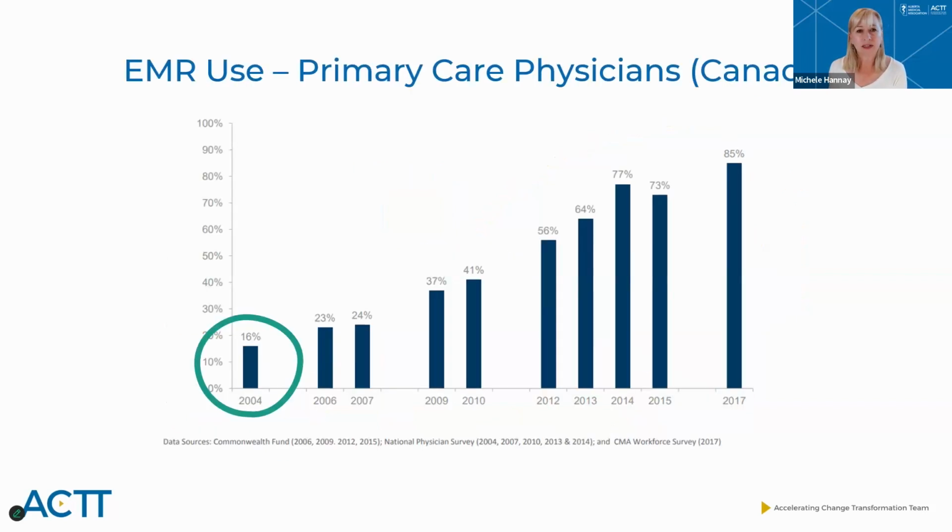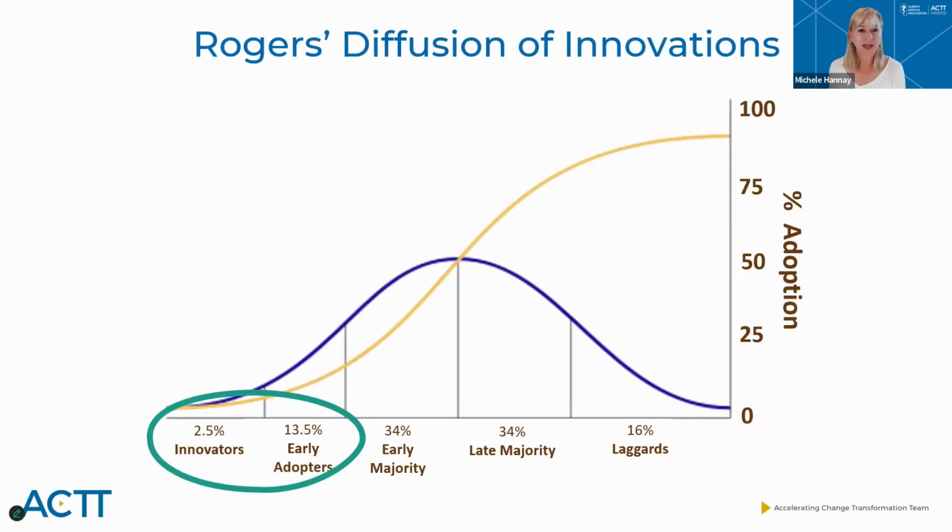So out of curiosity, if we look at the data from Canada Health Infoway about EMR adoption among Canadian primary care physicians, we can see that when EMR adoption was first being promoted, there was low adoption at about 16%, which aligns perfectly with what we would expect the innovator and early adopter groups to be displaying.